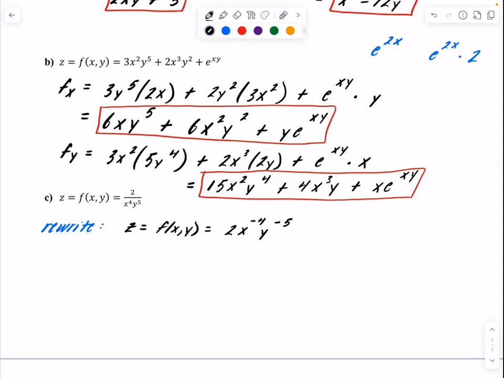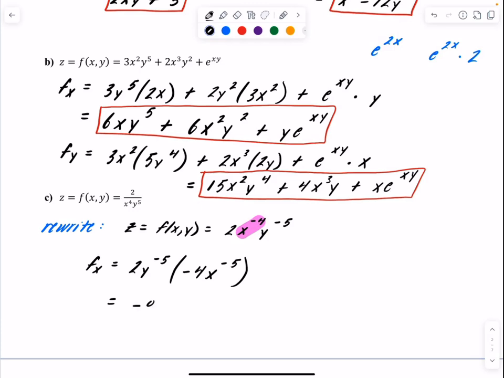And now I can find my partial derivative, so fx. I'm treating y as a constant, so I'm going to write everything pertaining to my constants first. So that way all I have to do is take the derivative of x to the negative 4th, which is negative 4, x to the negative 5. I can go ahead and clean this up.